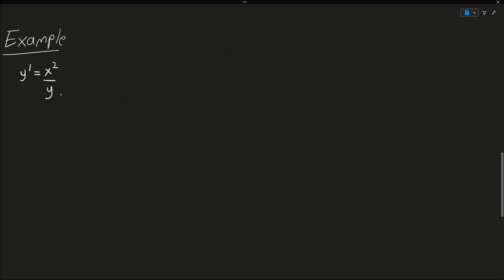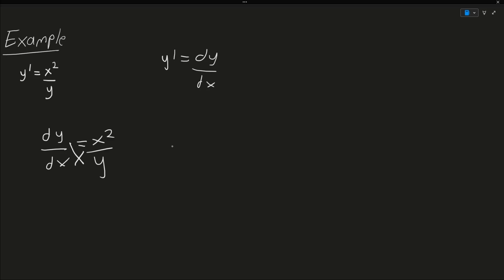This example problem says y prime equals x squared over y. I just said that y prime has to be dy over dx, because the separable differential equation method requires us to do this. So we're going to write that as dy over dx equal to x squared over y. Now we want the y terms with the dy and the x terms with the dx.